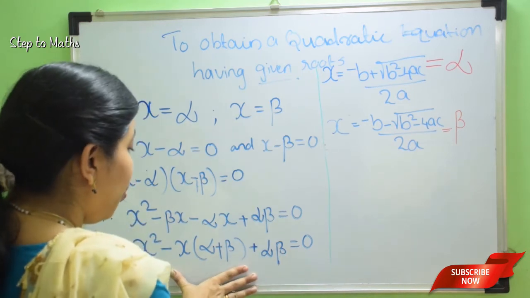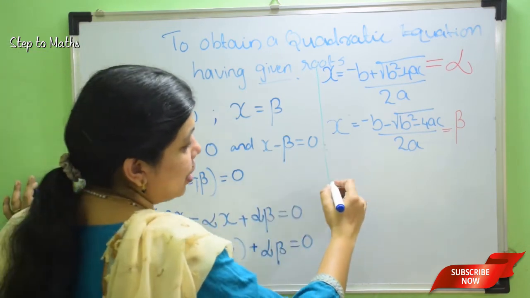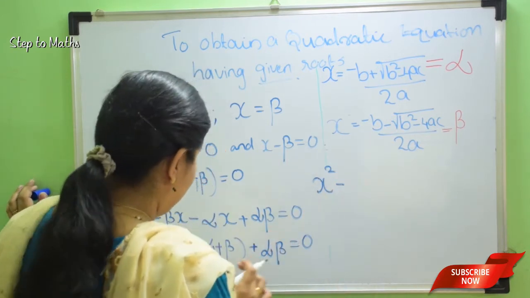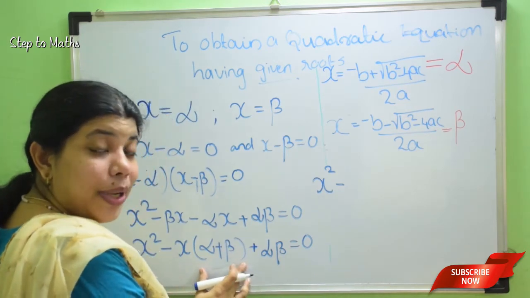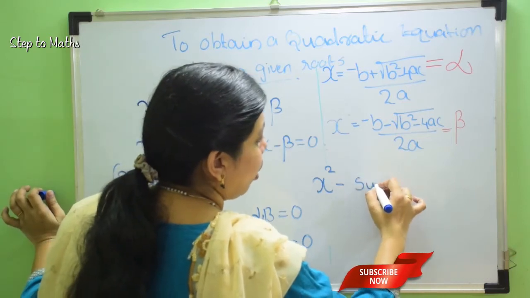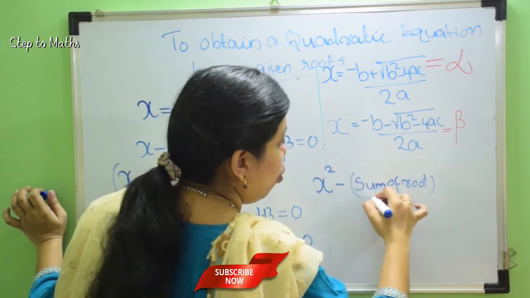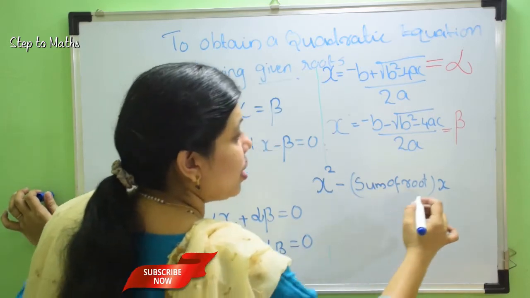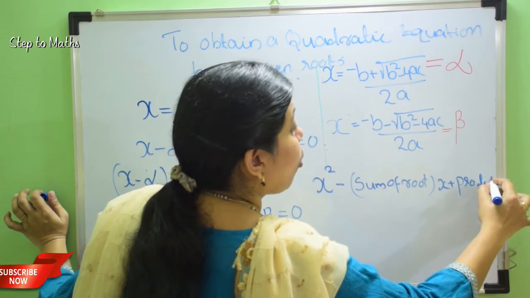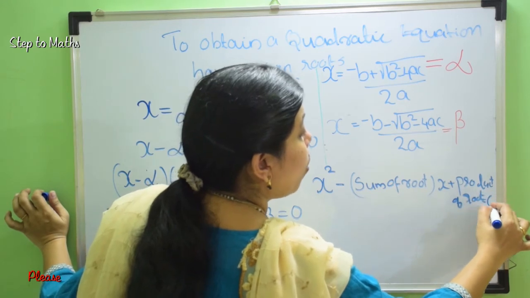That means we can represent this quadratic equation as x square minus alpha plus beta, which is the sum of roots, into x plus alpha beta, which is the product of roots, equal to 0.